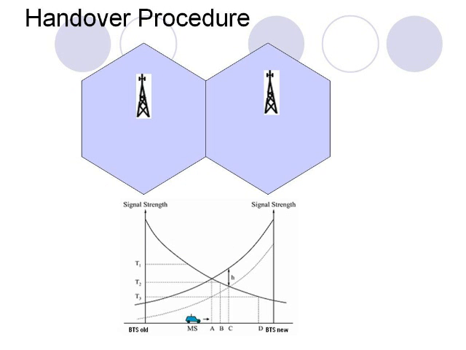Next is the handover procedure. The figure shows the behavior of the received signal level as a mobile phone moves away from a BTS, that is BTS old, to a new BTS, that is BTS new.